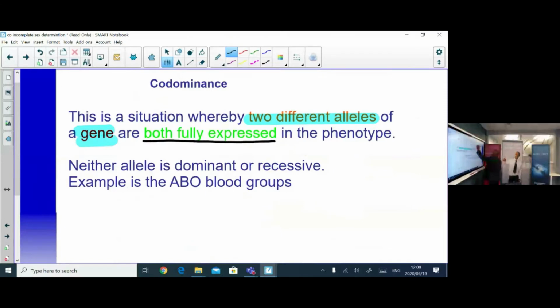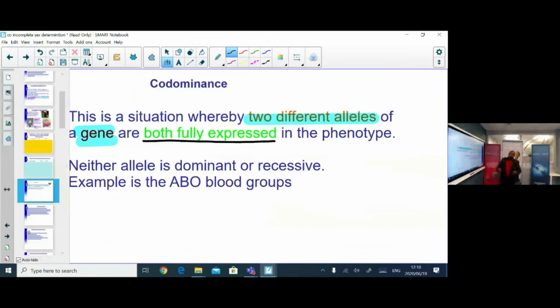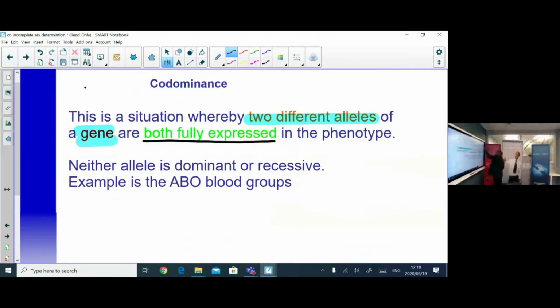So if I am white, you should see white. If the other one is red, you should see red. Both are fully expressed in the phenotype, which means neither of the two alleles is dominant or recessive.